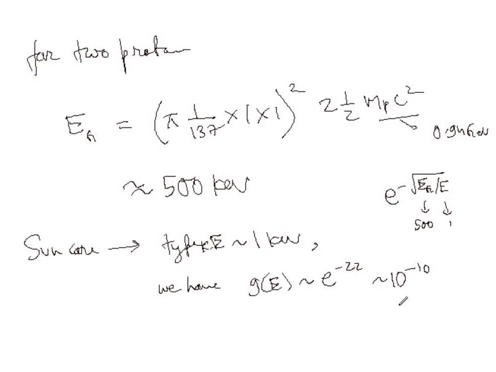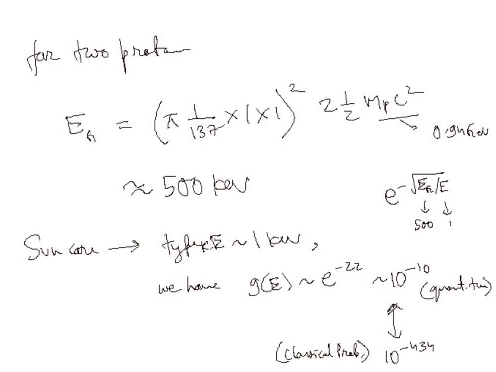Now you see this probability is still very low for a given pair of protons, but it is still larger than the classical probability. The classical probability was 10 to the power minus 434, and this is your quantum probability from quantum tunneling, 10 to the power minus 10.